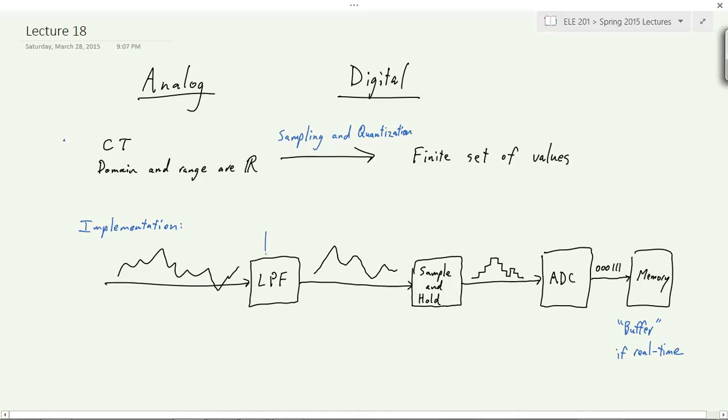Okay, so why was this low-pass filter here? That was for anti-aliasing. There's some clock that's determining the sample rate, and it's also determining when you move to a new piece of memory to put the next value.